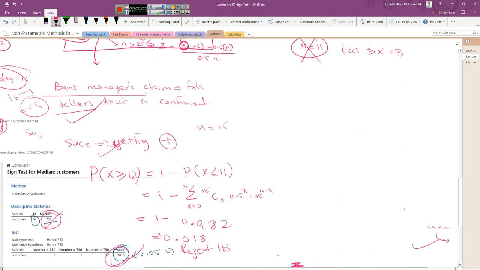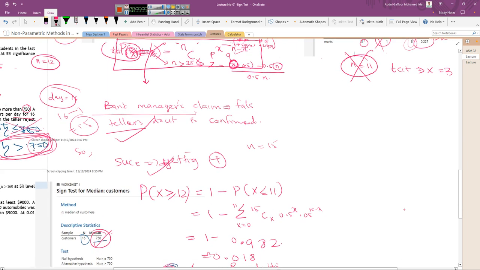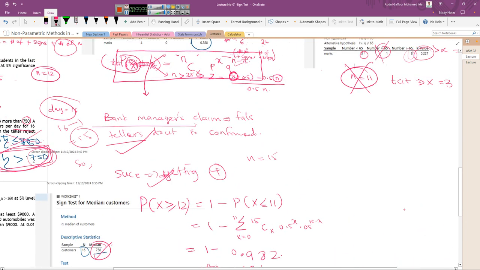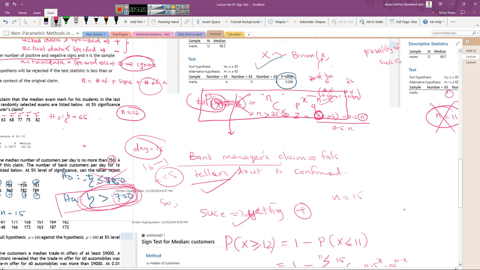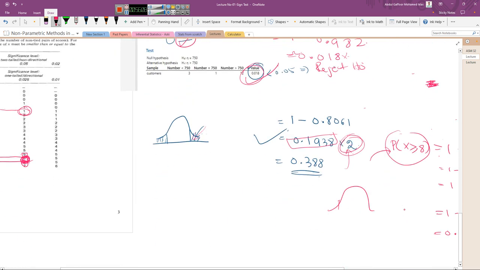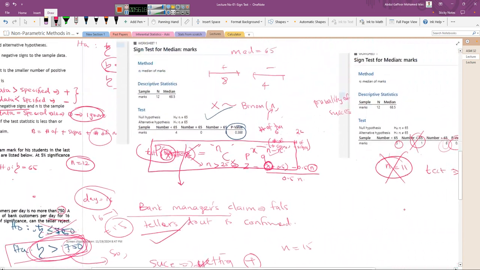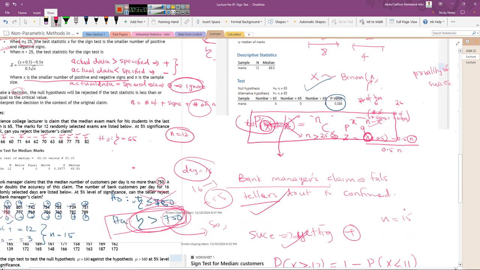But here I am just considering only one tail, right? So here I don't want to multiply by 2 because our alternative hypothesis is greater than, right? So we have already considered our number of successes, but in the previous case our alternative hypothesis was not equal, right? So it was two tails, so I wanted to multiply by 2, right? Now moving to the next question.